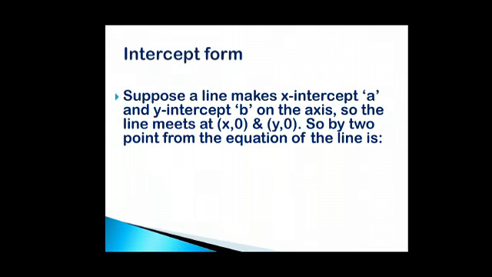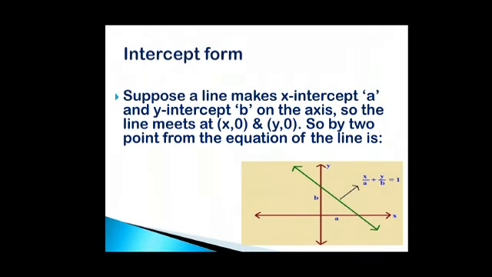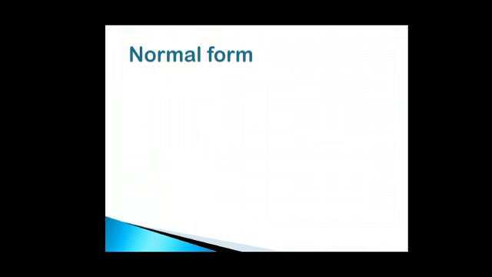Suppose the line makes x-intercept a and y-intercept b on the axis. So by 2-point form, the equation of the line is x upon a plus y upon b is equal to 1. This equation x upon a plus y upon b, where a and b are the intercepts on x and y axis respectively, is called as intercept form.